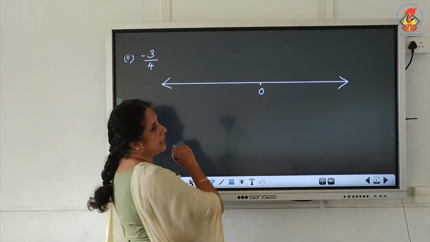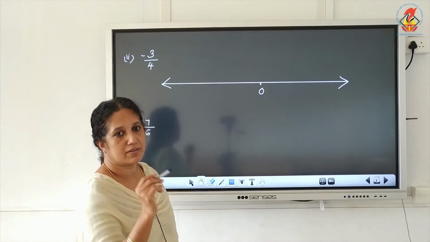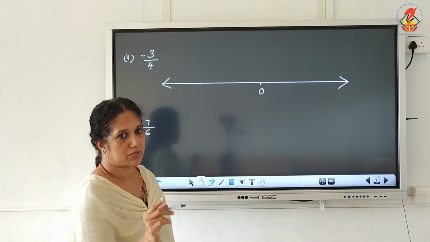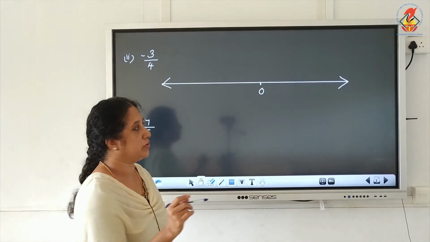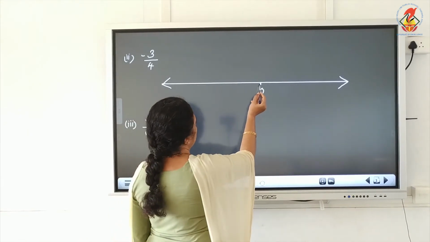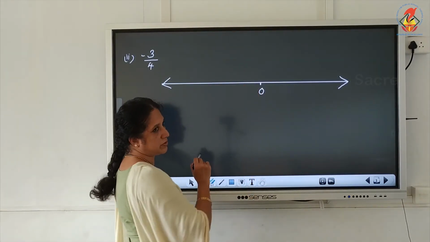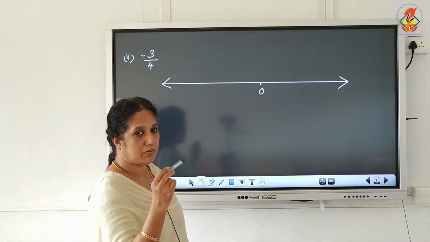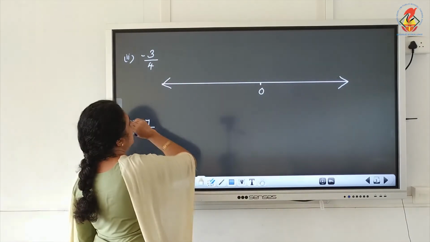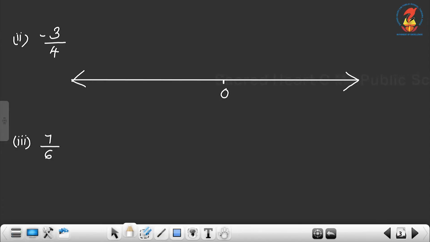Then look at the denominator. What is the denominator here? The denominator is 4. So what we have to do? We have to mark 4 points at equal distances to the left of 0. How many points do you have to mark? 4 points, because the denominator is 4. The distance you can take as 1 centimeter.